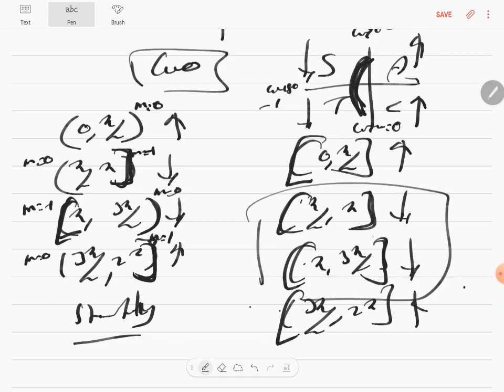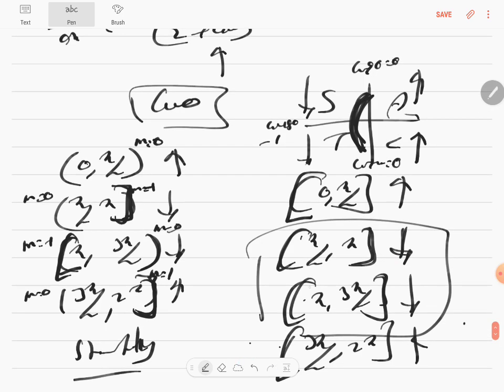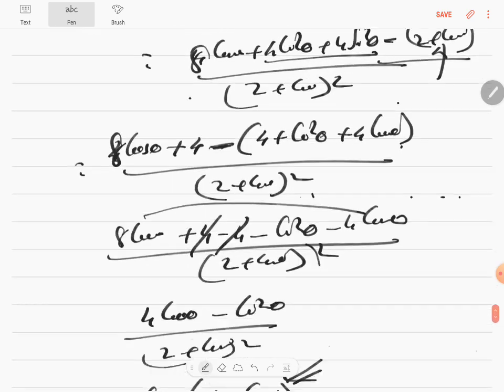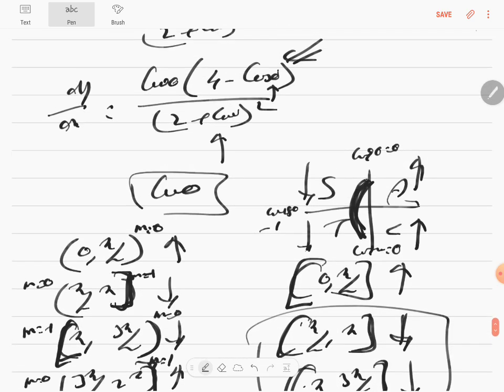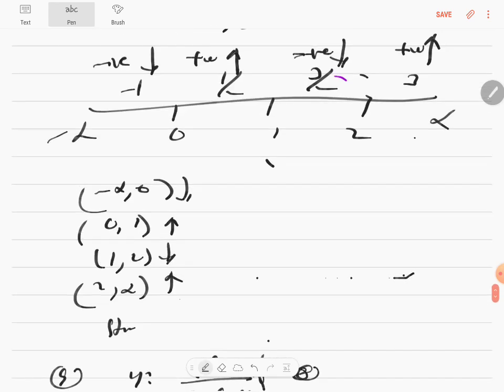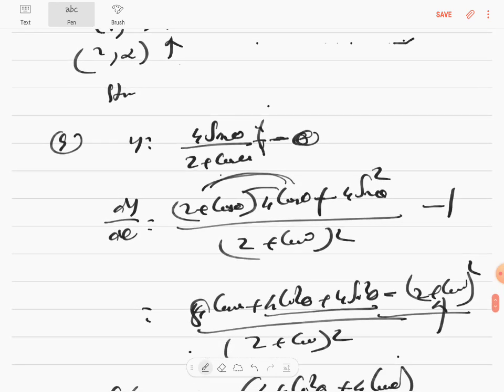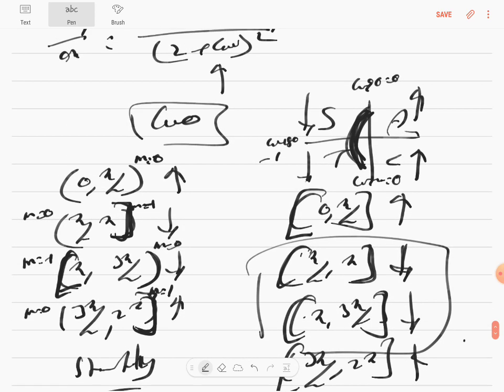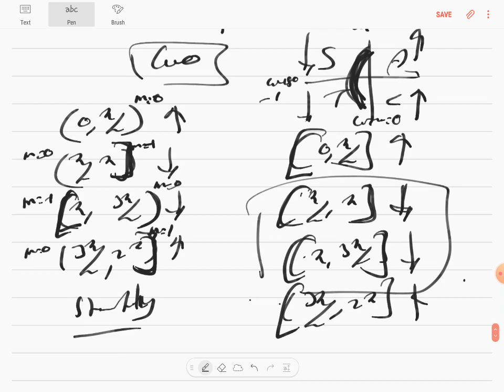In this I cannot write them together. Why? It's very difficult to analyze whether on the whole it's decreasing, because the function itself is such a complex function. You understand? So just split it up and write it. Don't write it together. Are you clear?